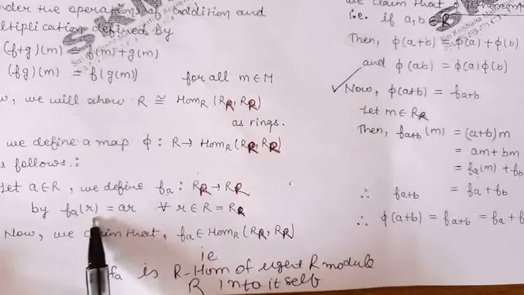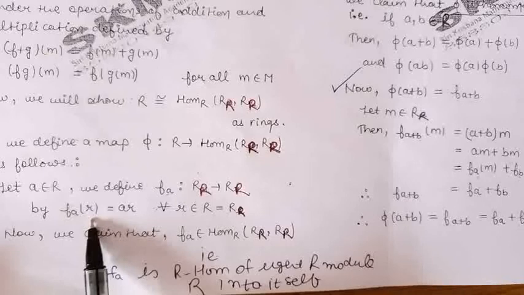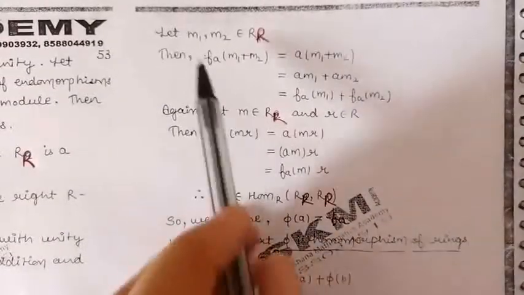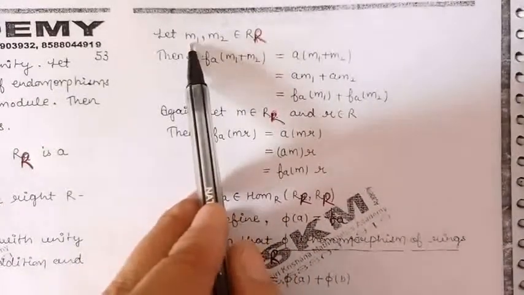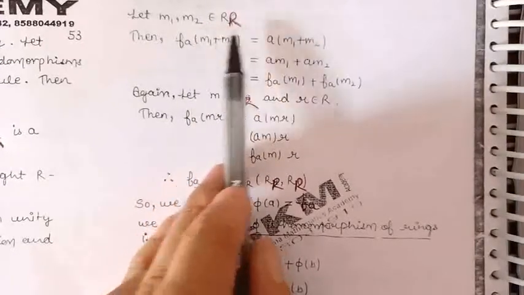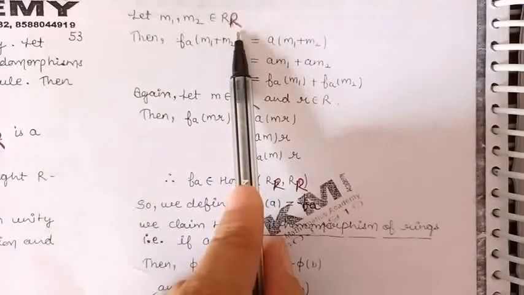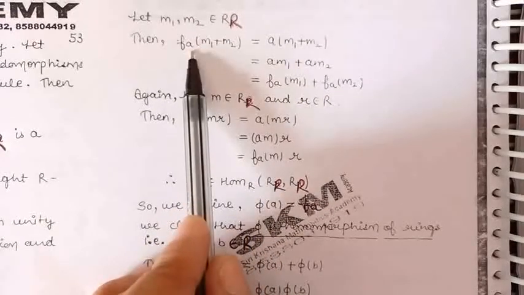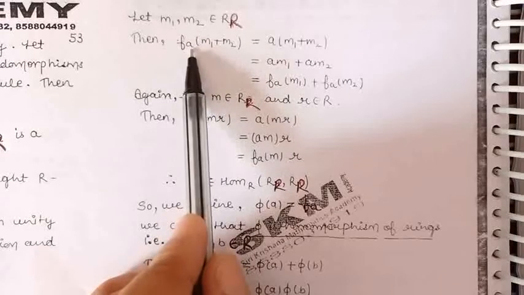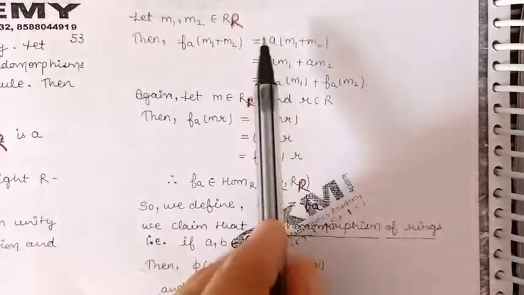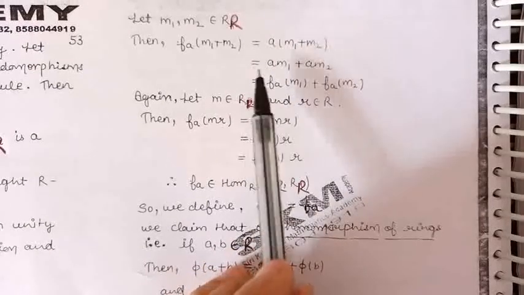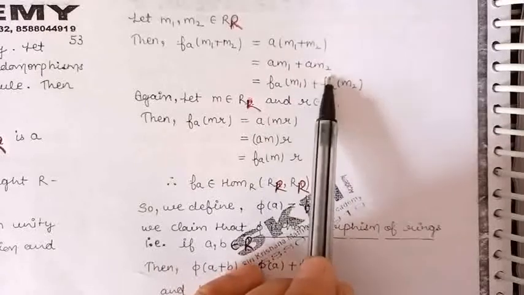Now we are to prove that this mapping is a homomorphism of modules. To prove the first condition of homomorphism of modules, let us take two elements m1 and m2 belonging to the ring R. Let us find the image of m1 plus m2 under the mapping f_a. By definition of mapping f_a, this is given by a into (m1 plus m2), and this can further be written as a m1 plus a m2.